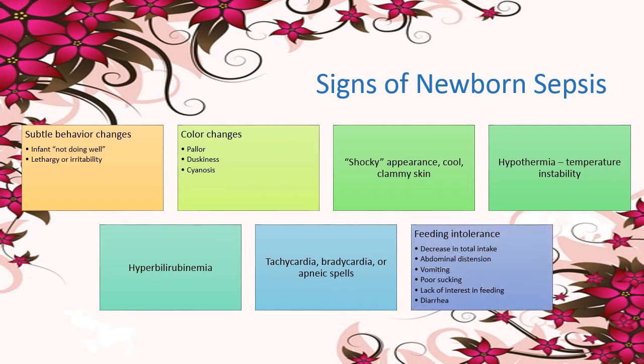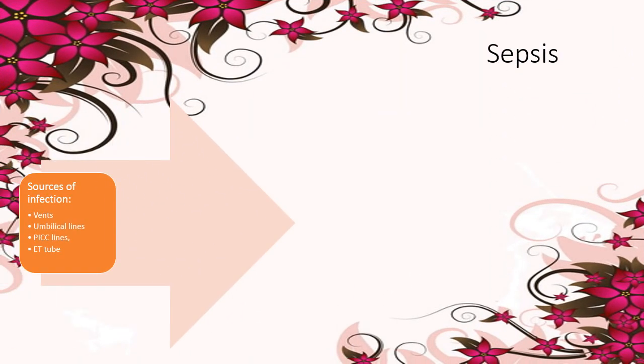They could have feeding intolerance, a decrease in total intake, abdominal distension, vomiting, poor sucking, lack of interest in feeding, or even diarrhea. Sources of infection can be through vents, umbilical lines, PICC lines, ET tube.